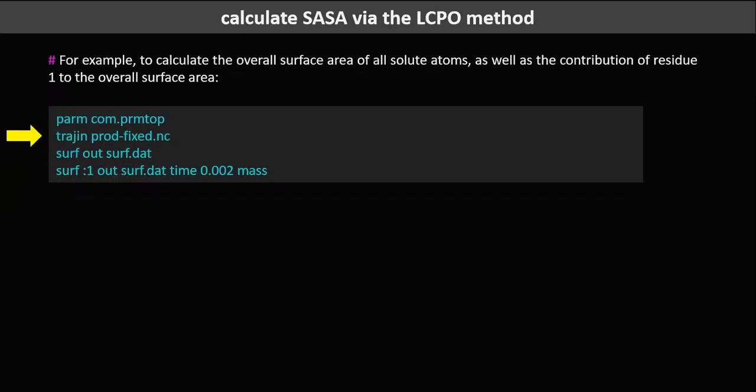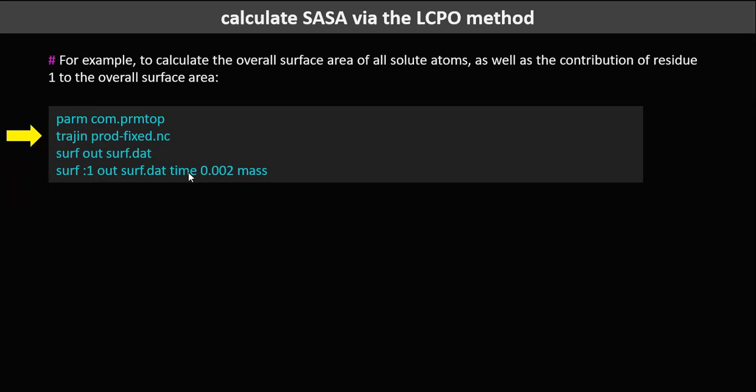This is actually an important analysis, and another thing that I really want to mention, which is really important for some systems. For example, if you want to calculate the overall surface area of the solute atoms as well as the contribution of the residues to the overall surface, you could use that command.